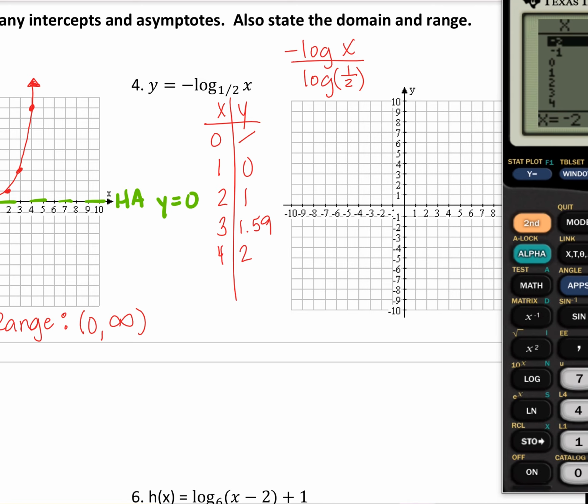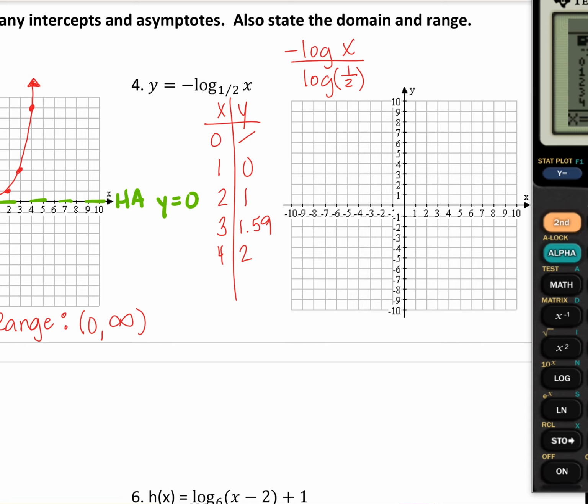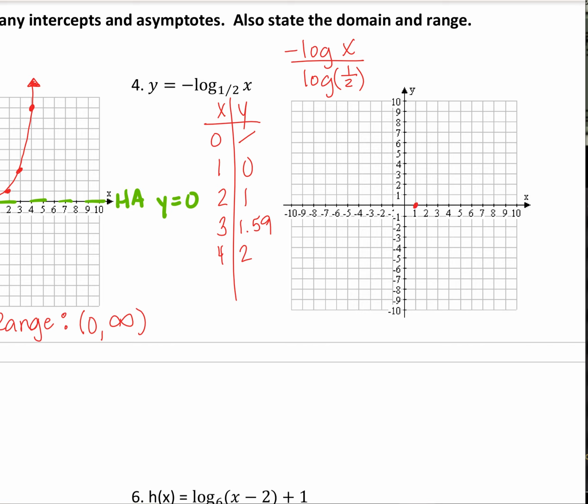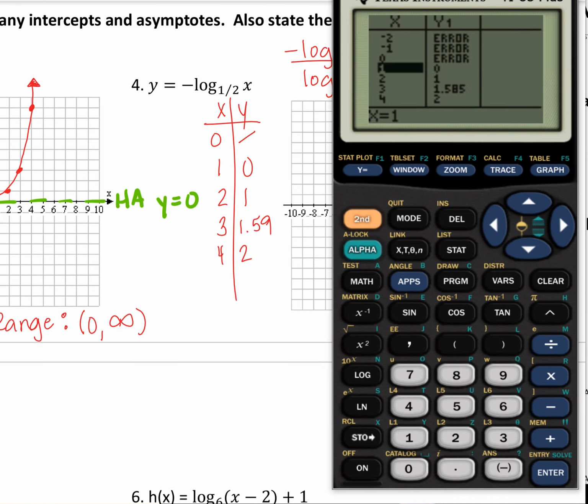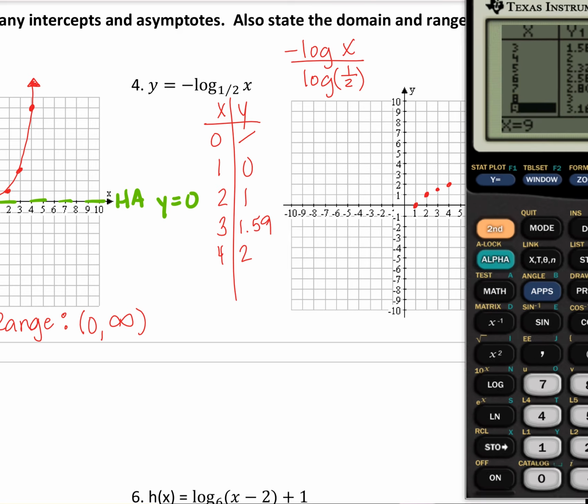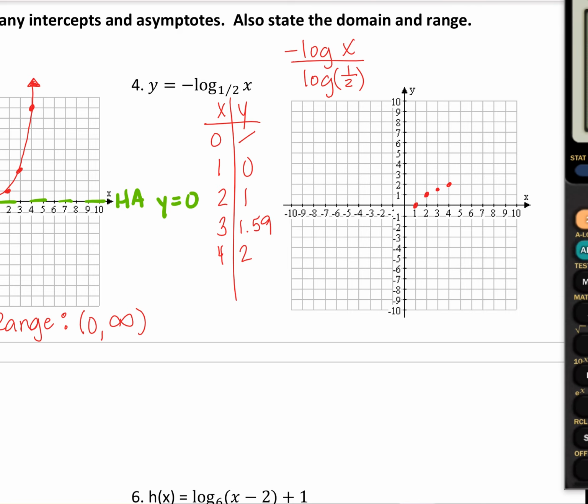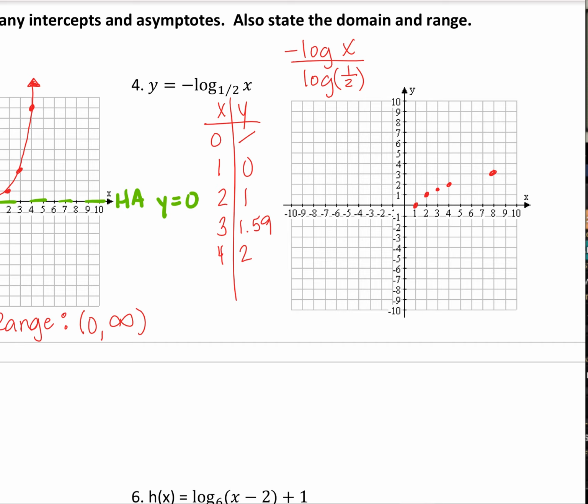So now I'm going to graph it. So I have 1, 0, 2, 1, 3, 1.5, 4 is 2. For good measure, I just like to go down and see if I can find another pretty point. It's at 8, 3. Okay, so 8, 3.